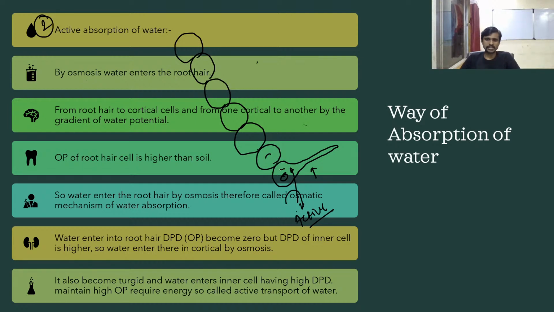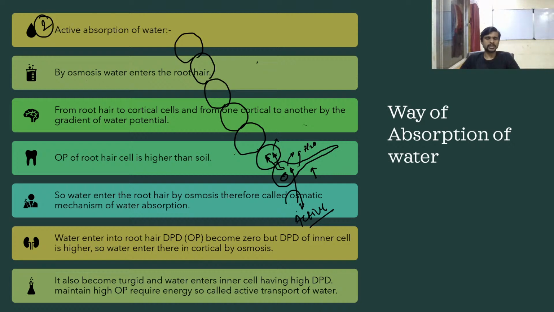So this water is now moving into the cell which is at the bottom, in contact with the root hair, because now a greater number of water molecules are there inside the cell. The number of water molecules is larger as compared to the number of water molecules in this cell. So water automatically enters here because of the difference in DPD, diffusion pressure deficit.